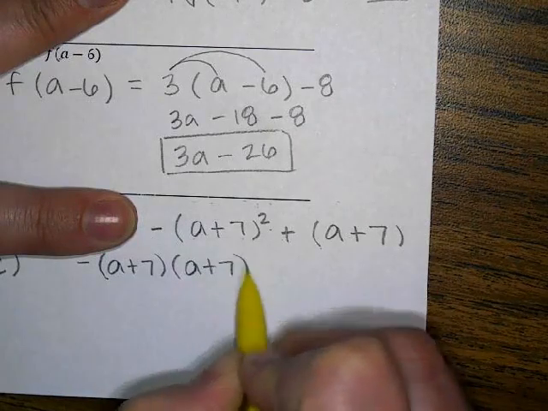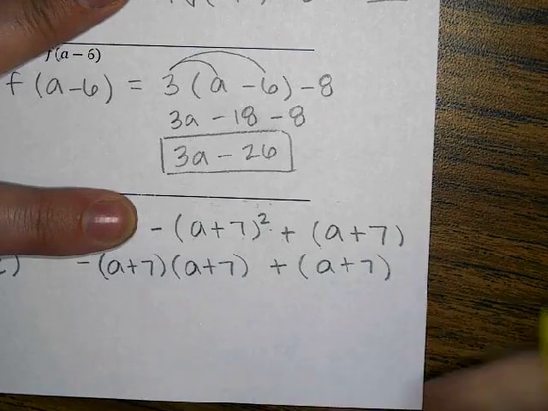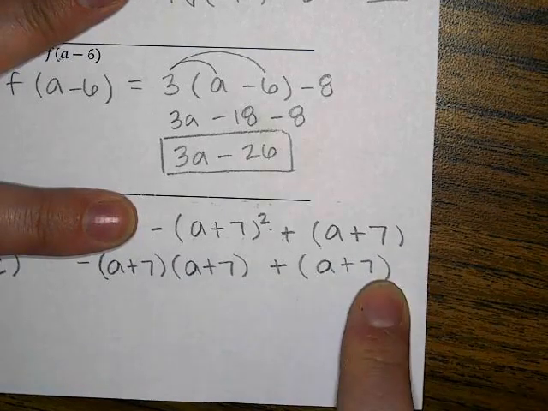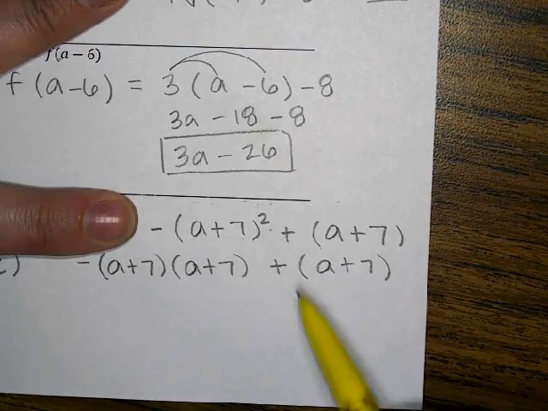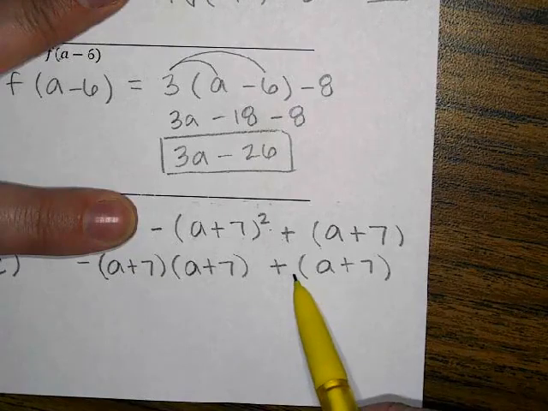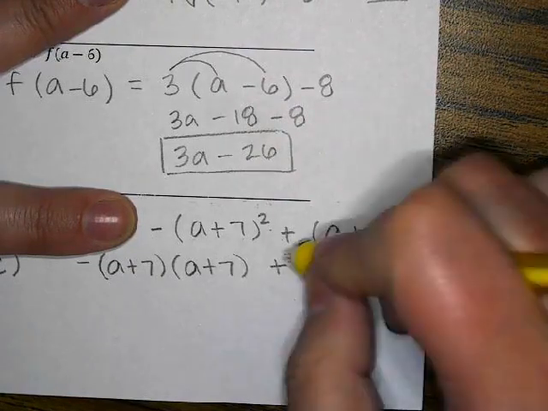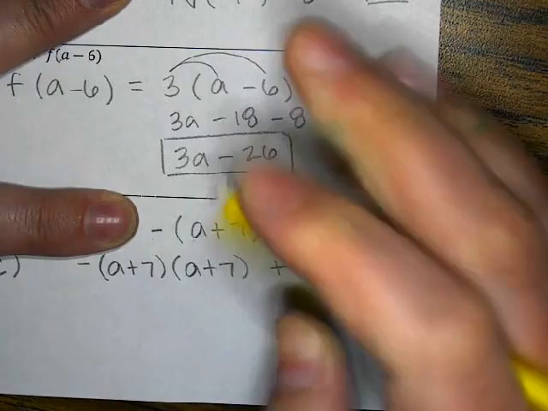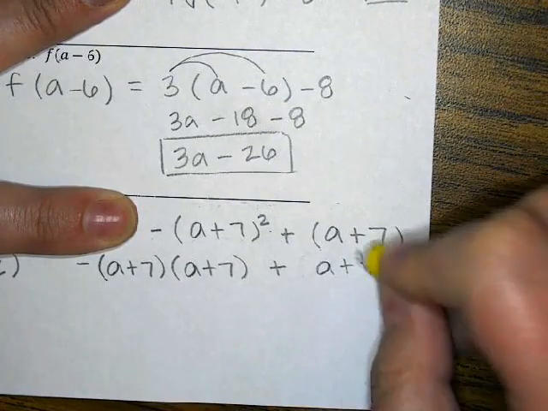Now this a plus 7 over here on the end, it's not being multiplied by anything. There's not a number right in front of the parentheses to distribute. So these parentheses aren't really necessary. So I'm going to go ahead and erase them. They were helpful for plugging the a plus 7 in, but other than that, I don't really need them. Okay, so there they are.